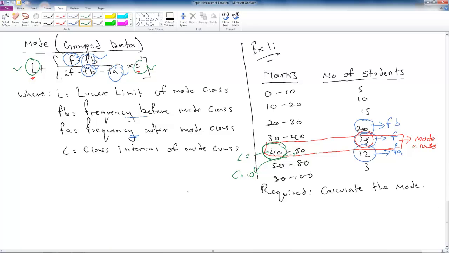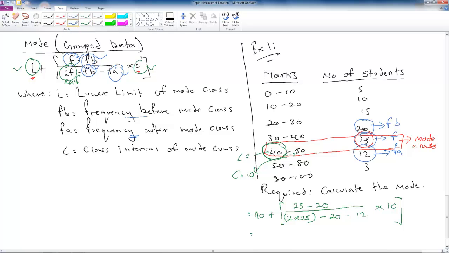So now you can work out the formula, which is 40 plus 25 minus 20 over 2 times 25, which is this part. 2f means 2 times f here, so 2 times 25 minus 20 minus 12, times your C, which is 10.